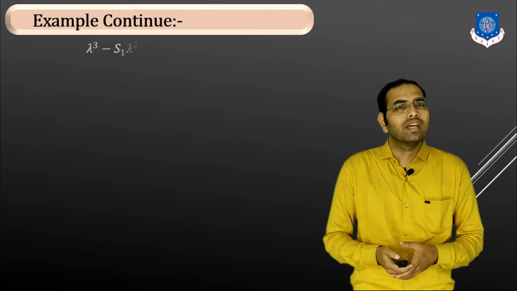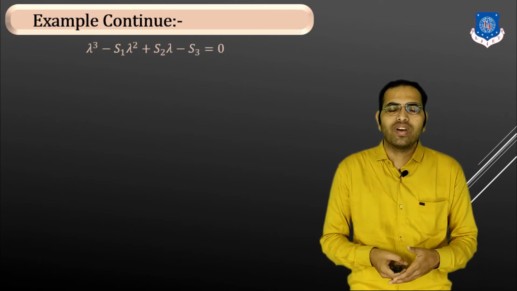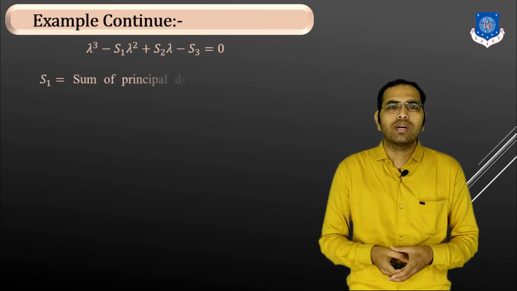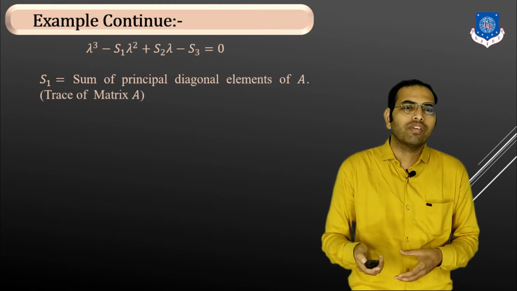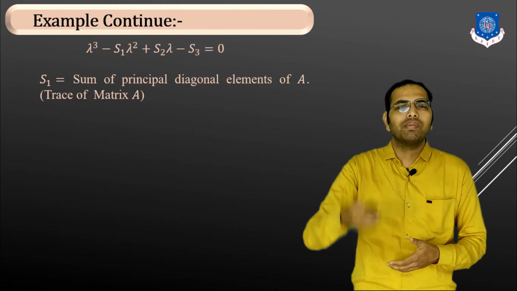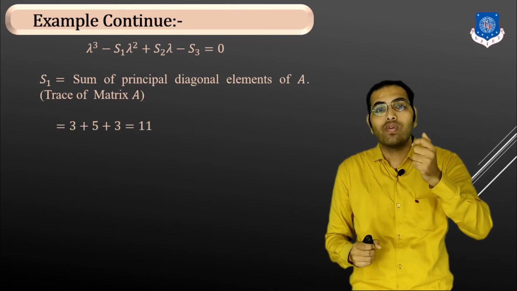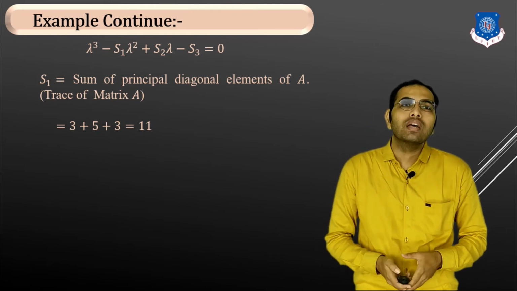Let's see the characteristic equation of order 3, that is lambda cube minus s1 lambda square plus s2 lambda minus s3 equal to 0, where s1 equals the sum of the principal diagonal elements of the matrix, that is the trace of A. So the principal diagonal positions A11, A22, A33 are 3, 5 and 3. Adding them gives 11.